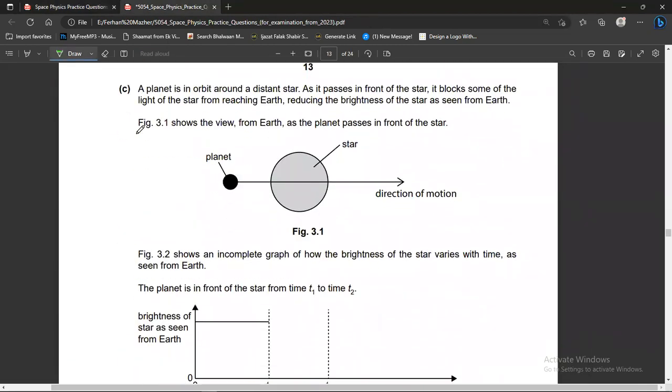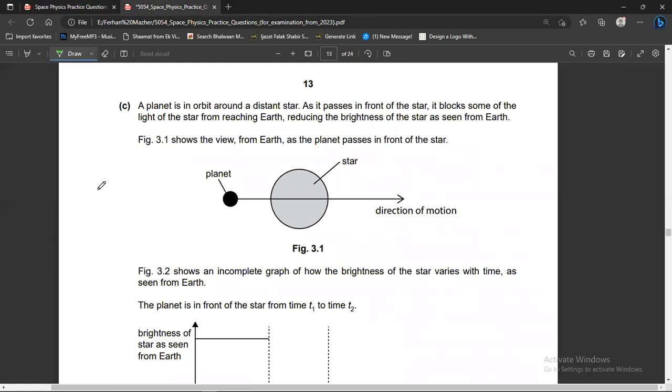Then we have question number 3, C part. It says, a planet is in orbit around a distant star. As it passes in front of the star, it blocks some of the light of the star from reaching the Earth, reducing the brightness of the star as seen from the Earth.